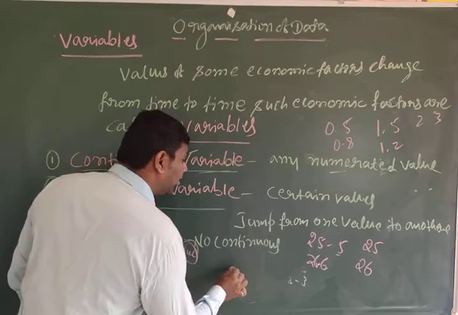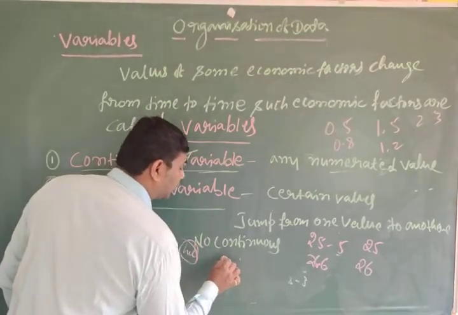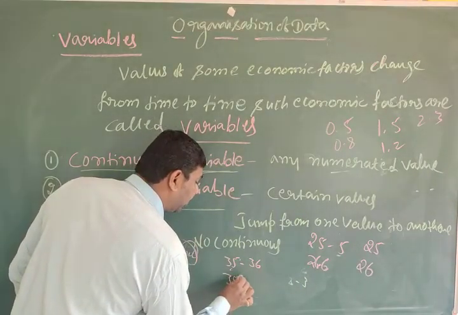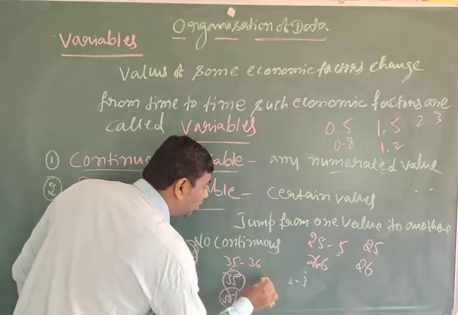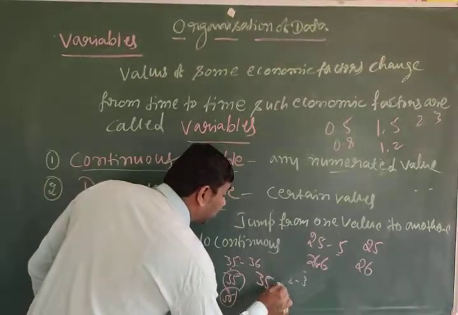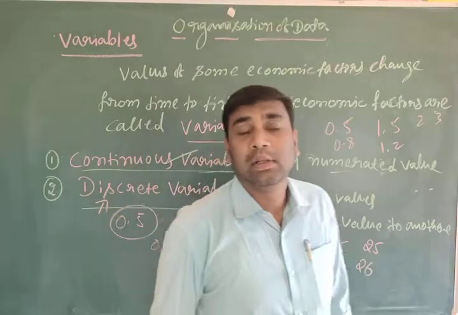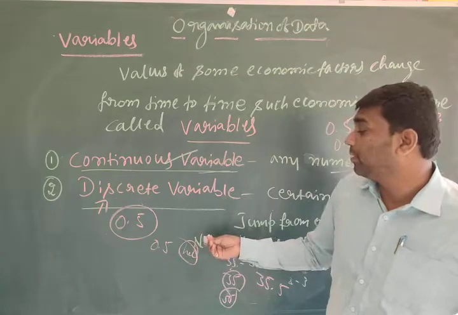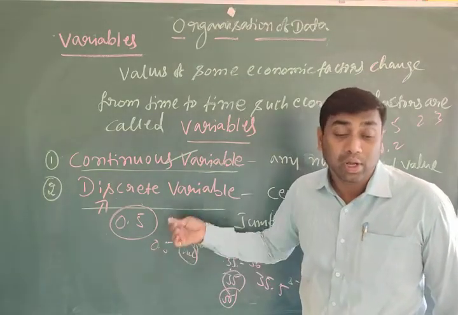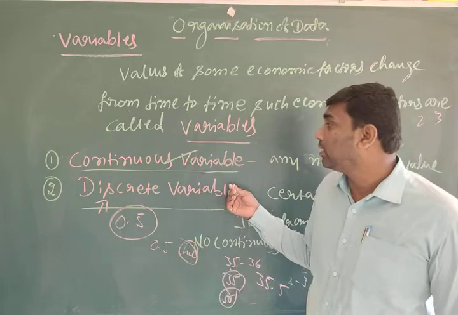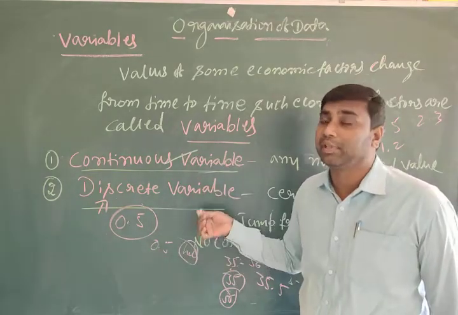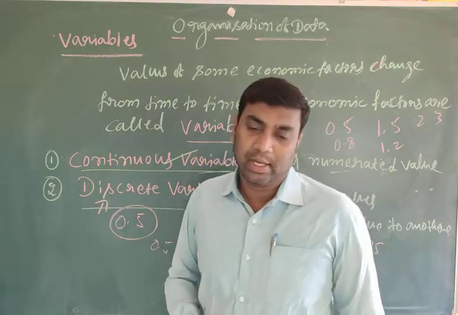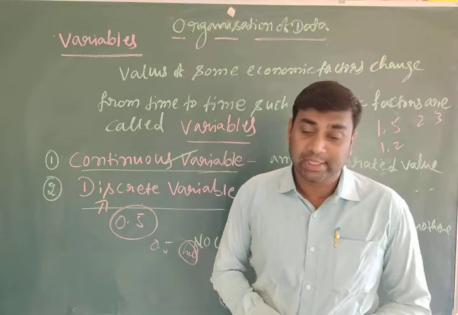Suppose the range is between 30.5 and 36, it will take 35 or 36, not 30.5. So it does not take any fractional value, because its value jumps from one value to another. For example, the number of students in the class will be either 25 or 26.